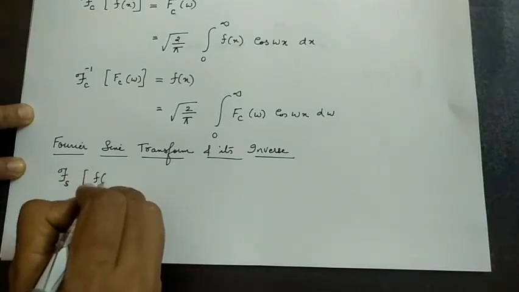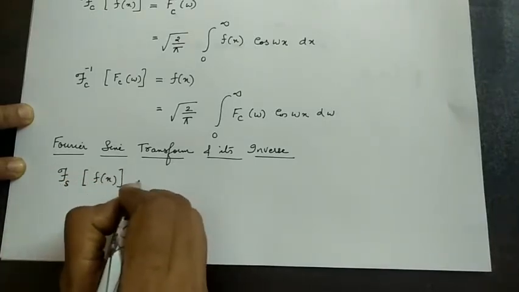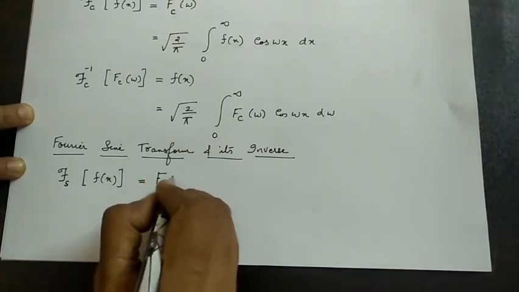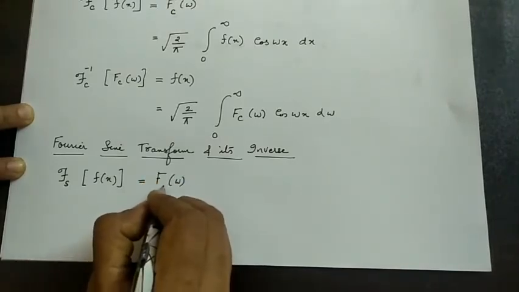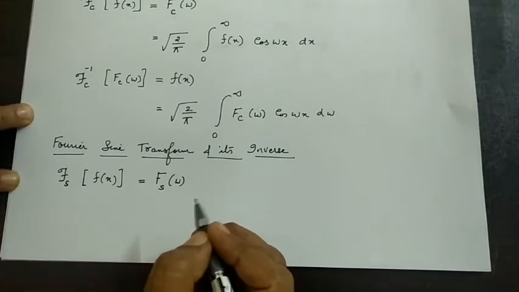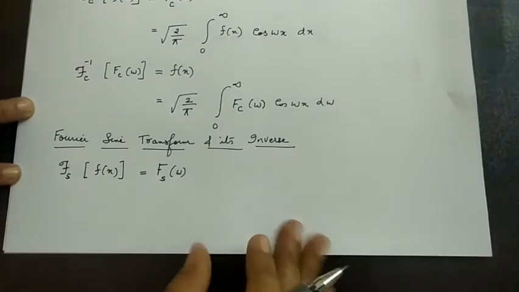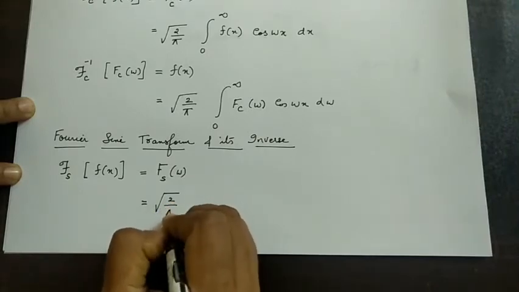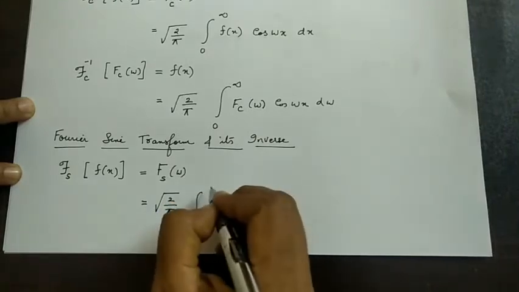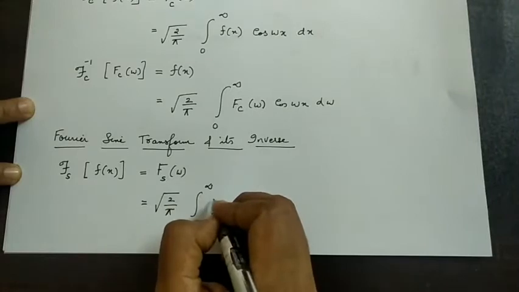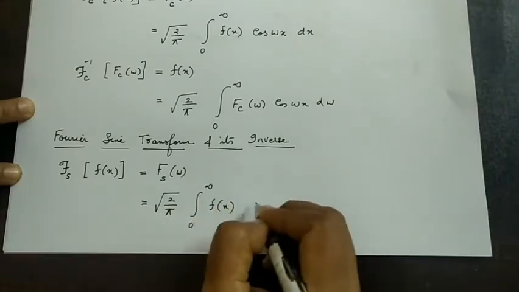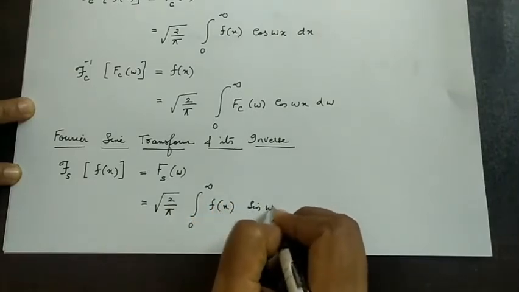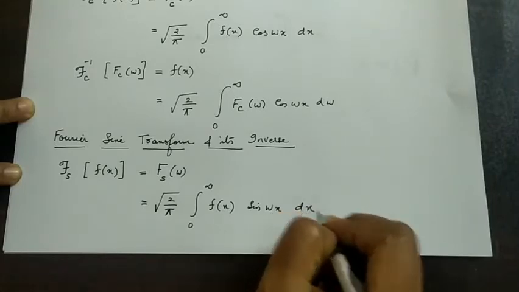The Fourier sine transform of the function f of x is denoted by f omega with the s suffix, which is equal to square root of 2 by pi integral from 0 to infinity f of x sine omega x dx.